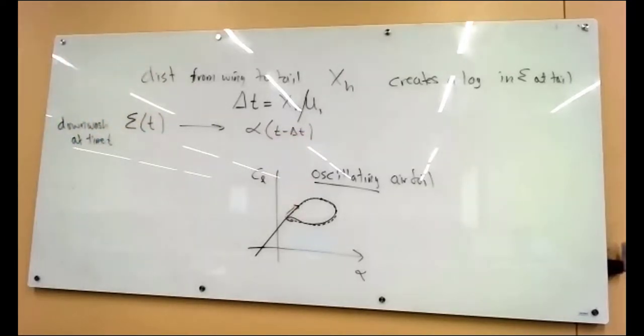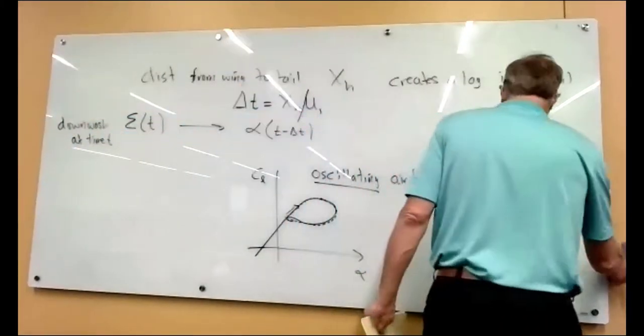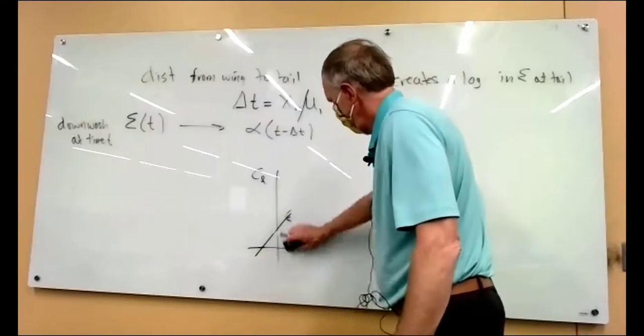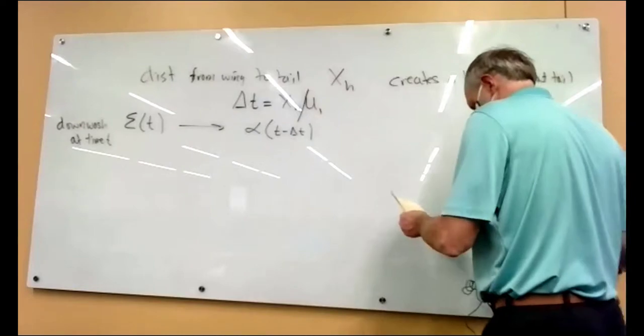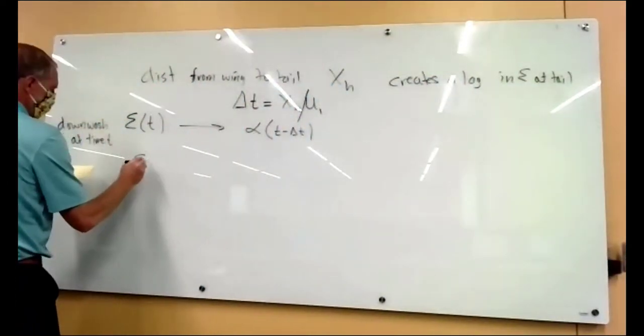So the downwash we're seeing at the tail actually was generated by the wing delta t seconds ago. And so we use this in our downwash model. So our downwash model looks like this.